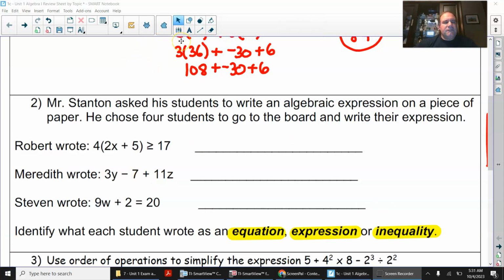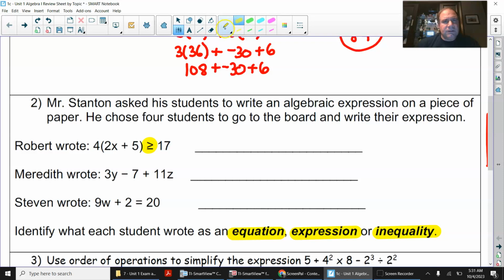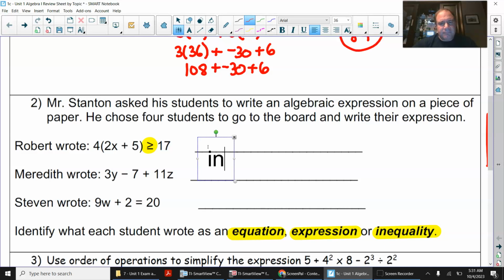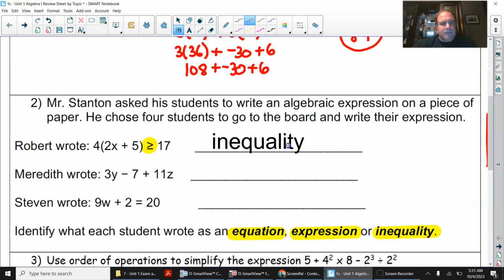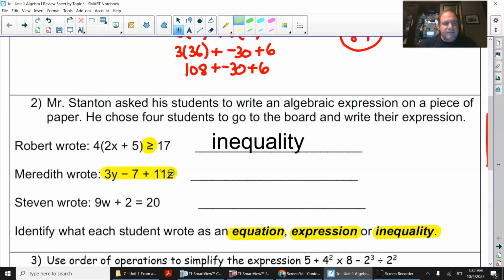So the first one right here, Robert came up and wrote this. Whenever you're talking about this right here, this is an inequality symbol, making it an inequality. Meredith wrote this without an equal sign and without an inequality symbol.